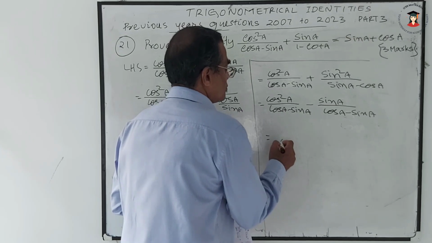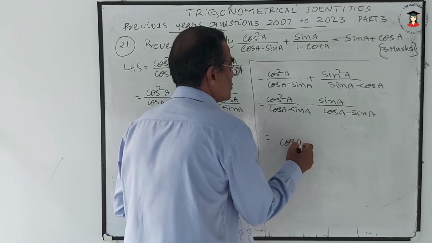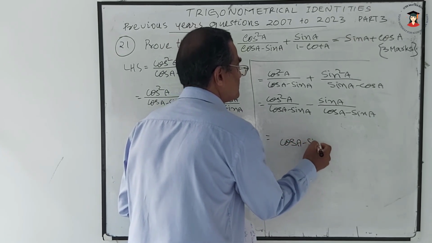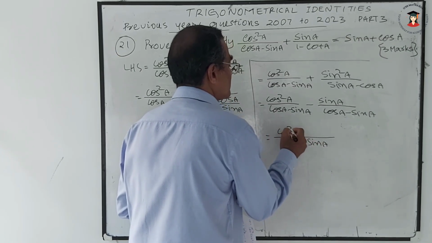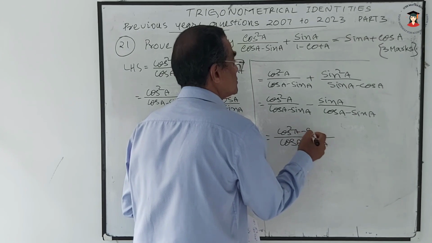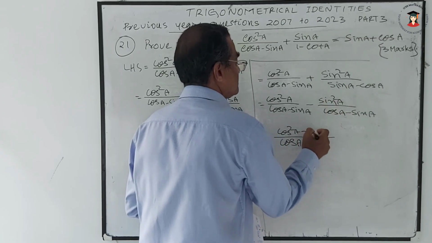So I am taking cos A minus sin A as the common denominator, upon cos square A minus sin square A.